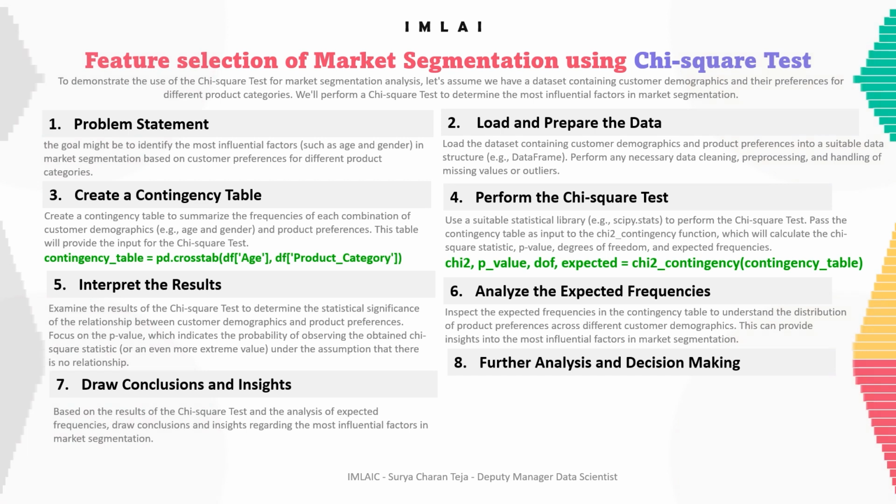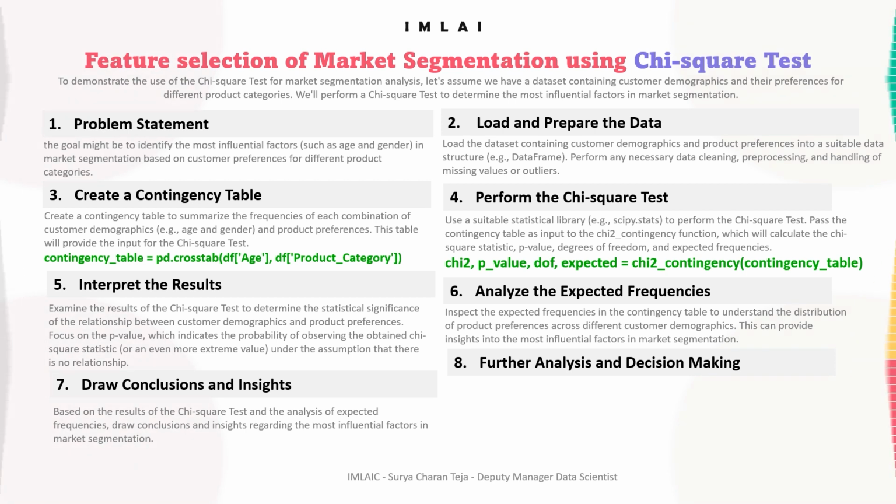This may involve developing tailored marketing campaigns, creating targeted product offerings, or refining customer segmentation strategies. By following these steps, you can perform market segmentation analysis using chi-square test and gain valuable insights into the influential factors that drive customer preferences in different market segments.